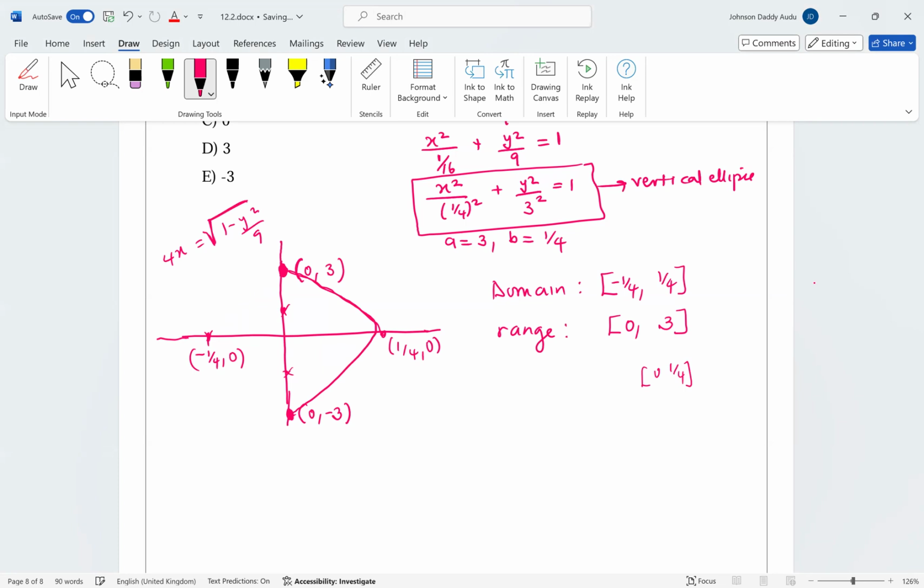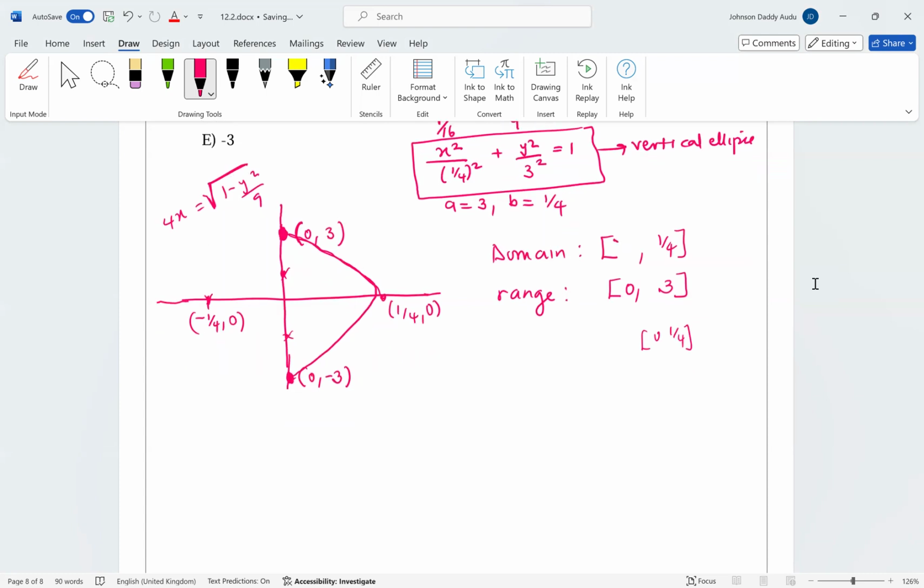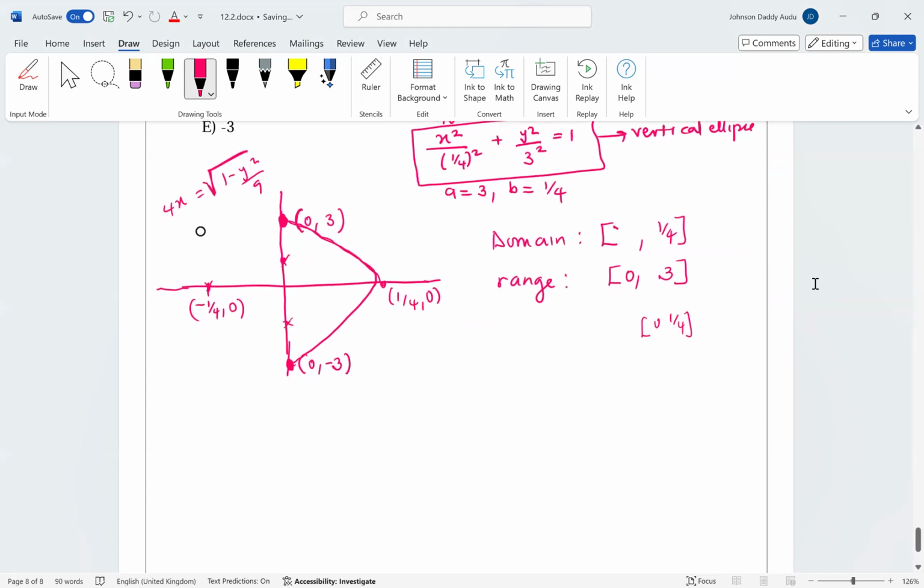This is the even root of 1 minus. So actually in this, our domain is not this one, but our domain is from 0 to 1 over 4. And the range is from minus 3 to 3.